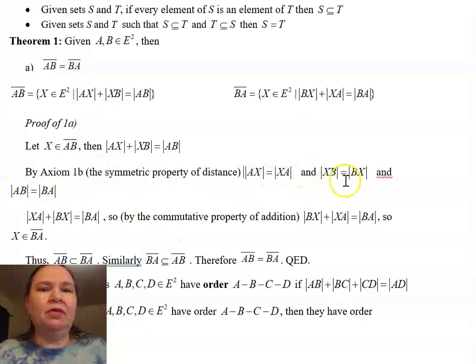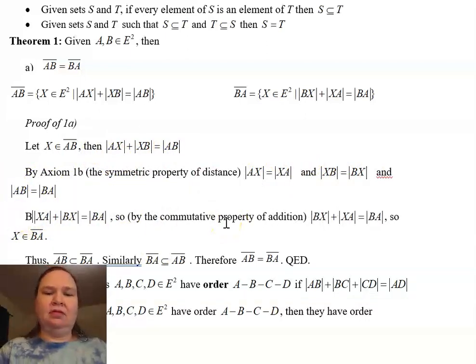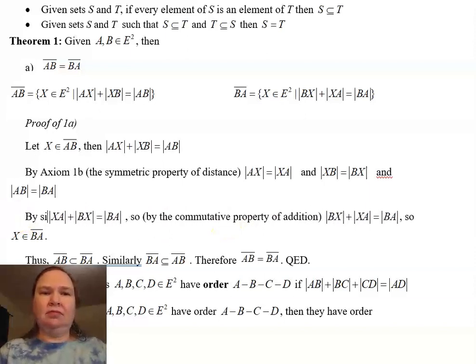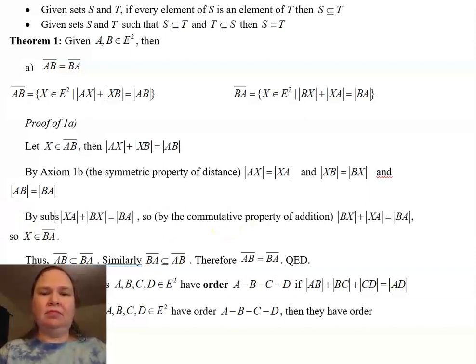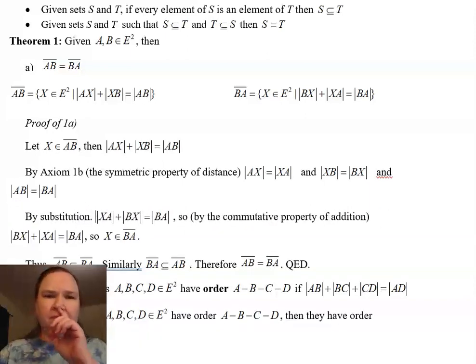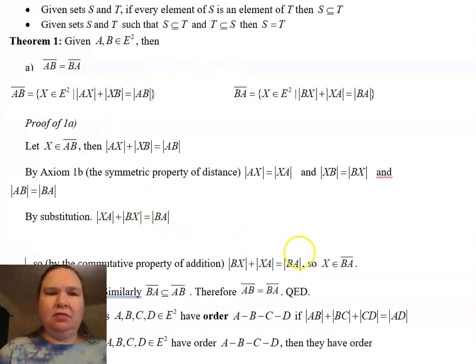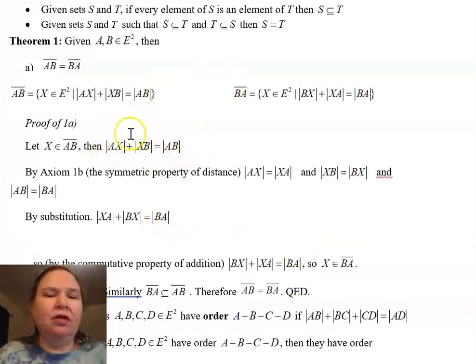Now, if I take those three equations and I substitute them into this equation, I've taken this equation and I've substituted XA for AX and BX for XB and BA for AB right there. And after I make that substitution, I get this new equation.